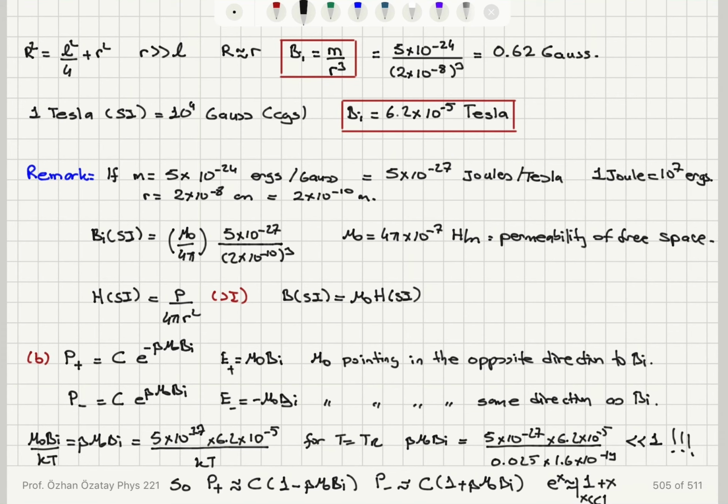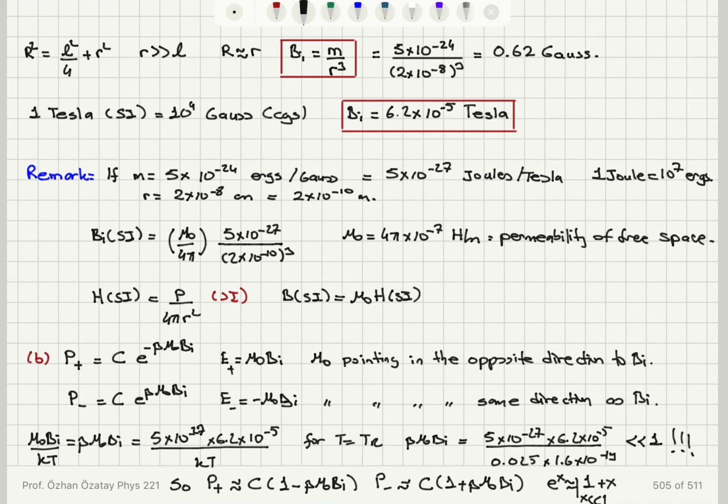If you started out with direct conversion of the magnetic moment and the distance to SI units, then you would have to remember that the magnetic field in SI is mu0 times the H field given in SI, but the H field is calculated as the pole strength divided by 4 pi r squared.